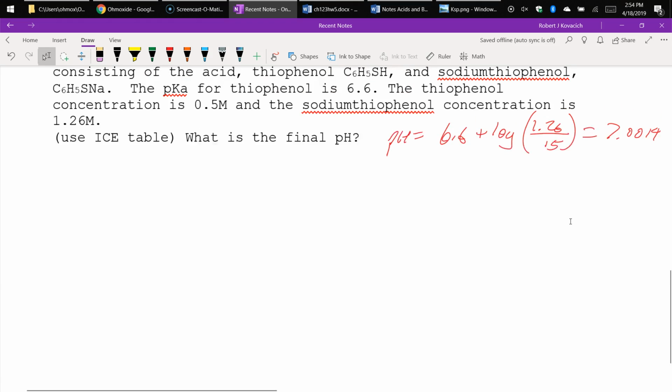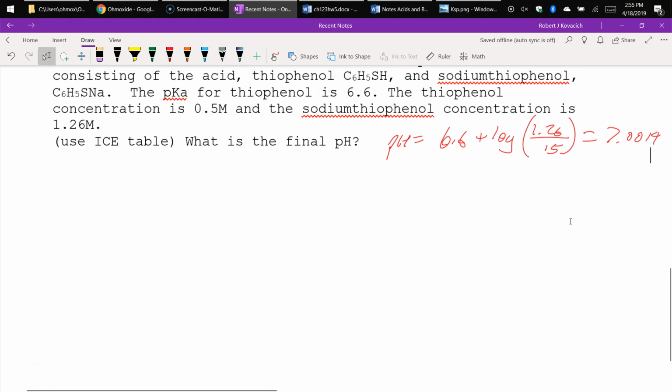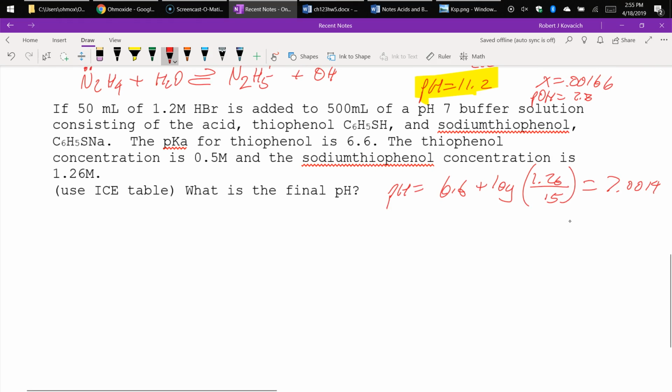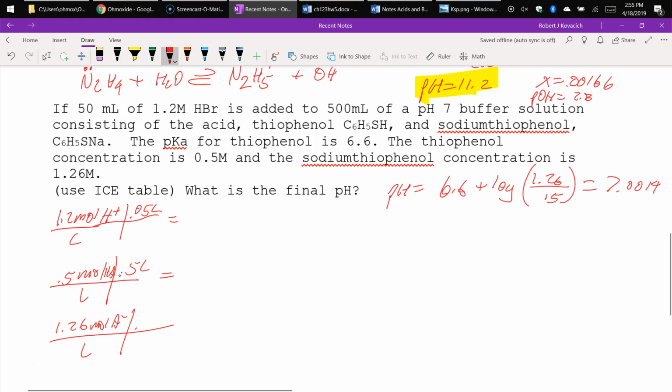So what I've got to work with is 1.2 moles per liter of acid, and I've got 0.05 liters, and I've got 0.5 moles per liter weak acid for my buffer, and I've got 0.5 liters, and then I've got 1.26 moles of the anion per liter, and I've got a half a liter.